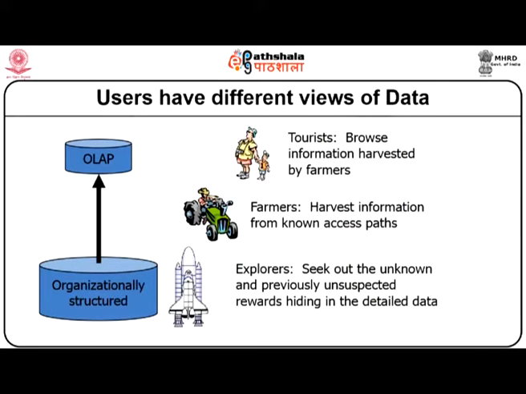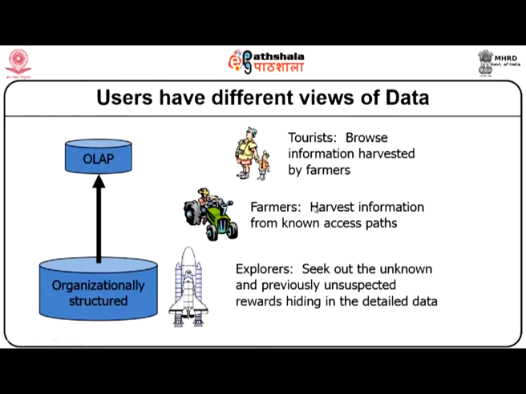Different users have different viewpoints on a particular data. Specifically, we have started growing with enterprise data warehouse, which was later departmentally structured and individually structured. Now assume a tourist requires information on this organizationally structured information, they will browse for information harvested by the farmers.